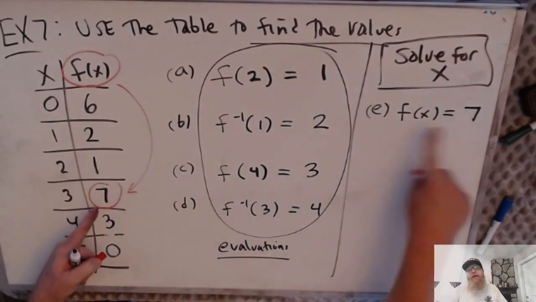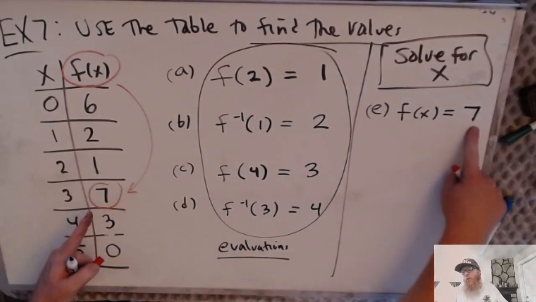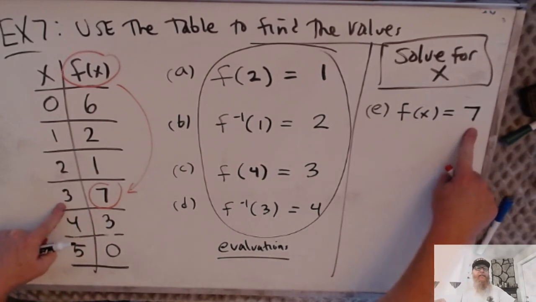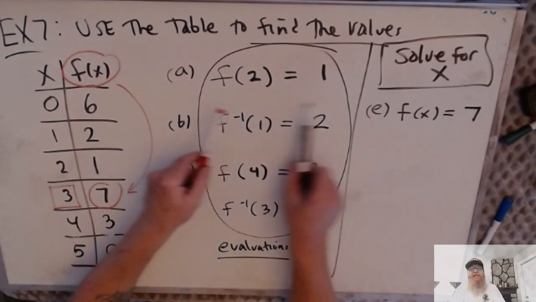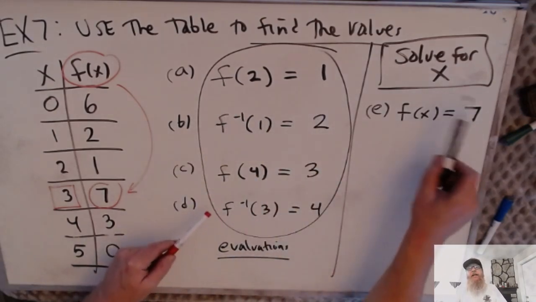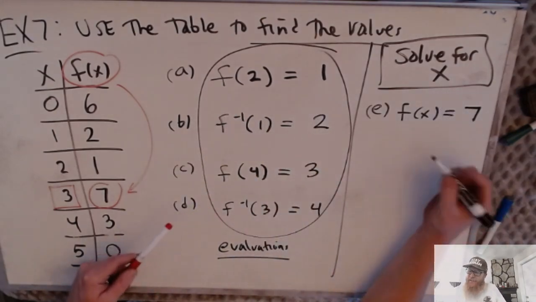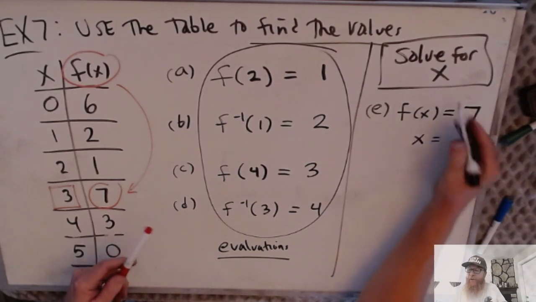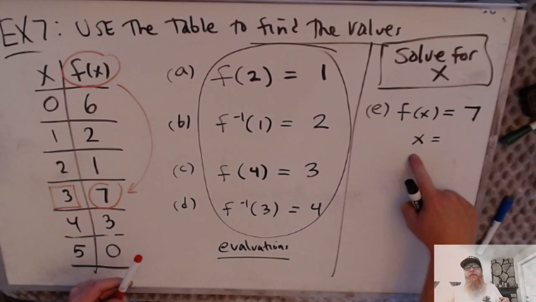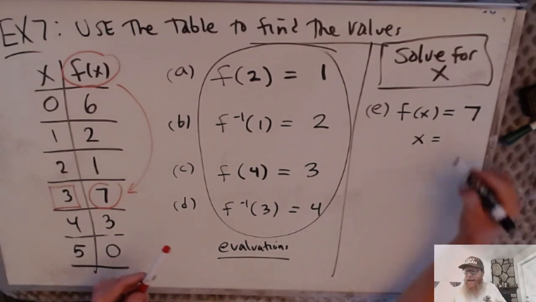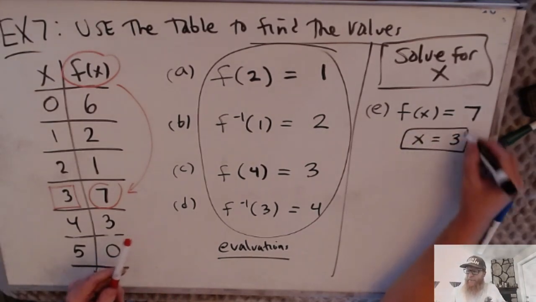That's really what this means. Find x if y is 7, and you can clearly see that x is 3. Now, the main difference between an evaluation and a solution is a solution must have the variable that is given in the problem. So the problem is giving us the variable x, so we must answer x equals 3.